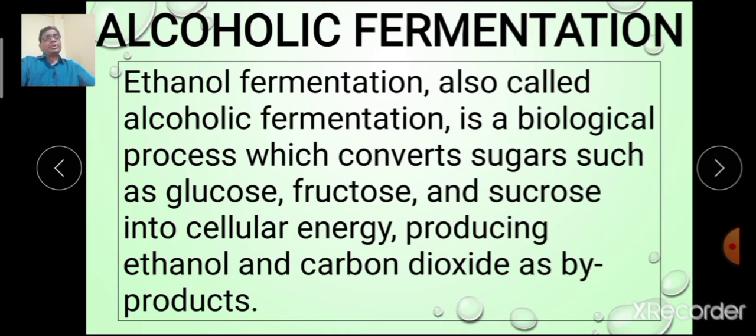This method of fermentation from molasses produces ethanol, which is required for educational and industrial purposes. We are going to see it in detail.